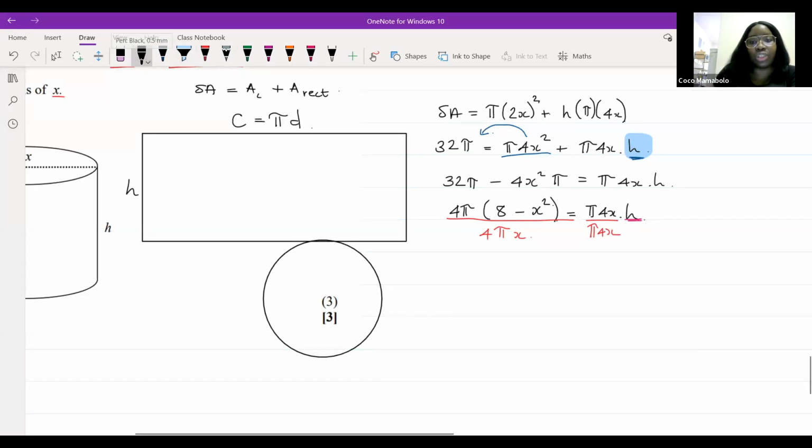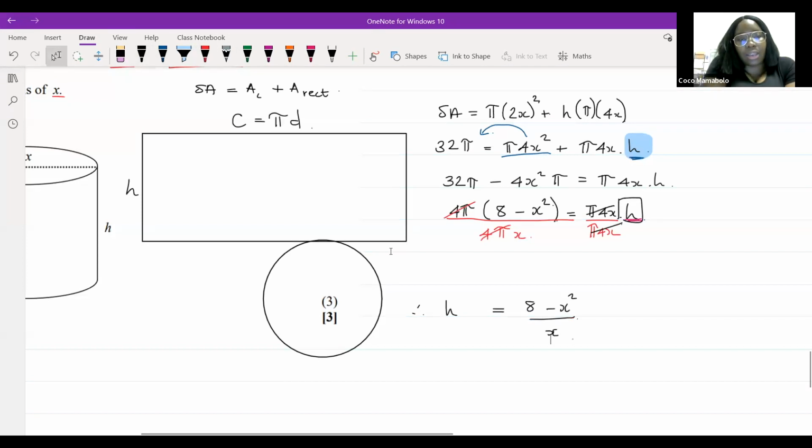So those two will cancel, and now I've got h left on its own. So h is equal to, now 4 pi and 4 pi will cancel, so what I have left over is 8 minus x squared all over x. That's my final answer.